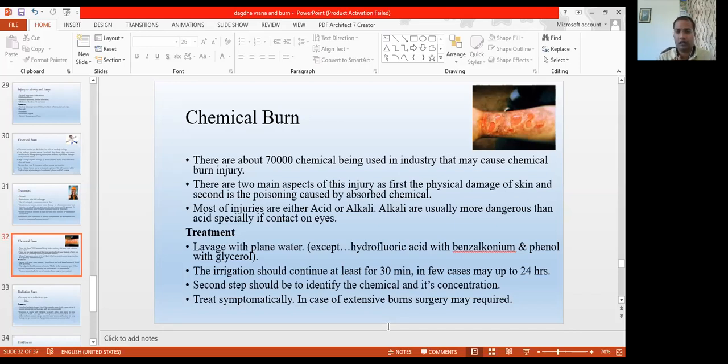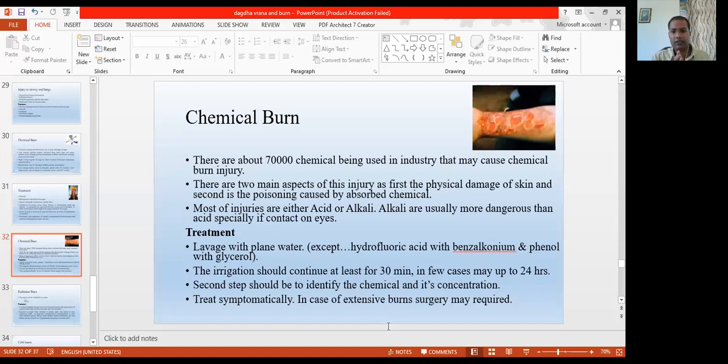First, reduce the burn on the skin, and second, prevent the absorption of that chemical, so the patient doesn't get poisoned by the chemical.